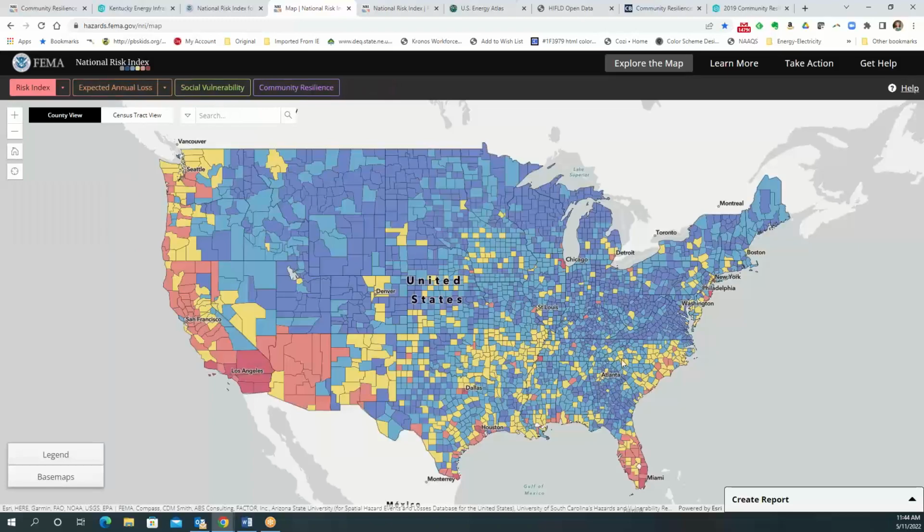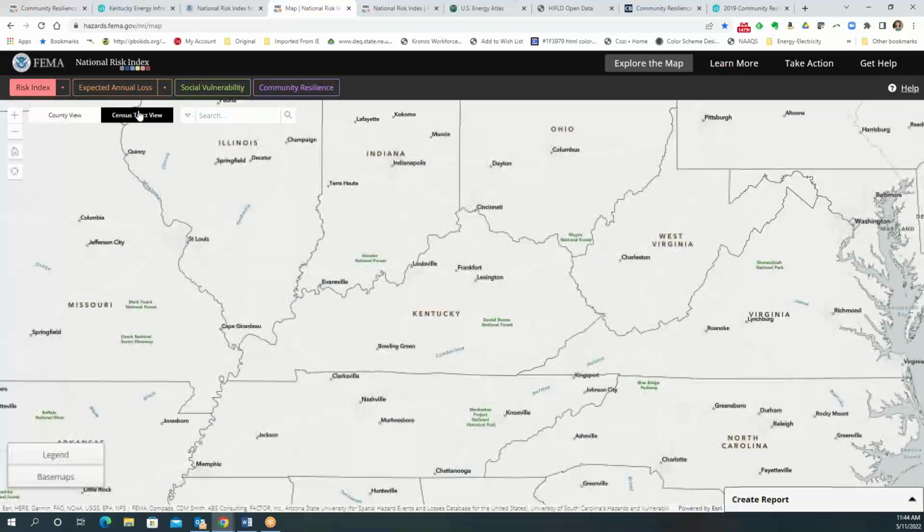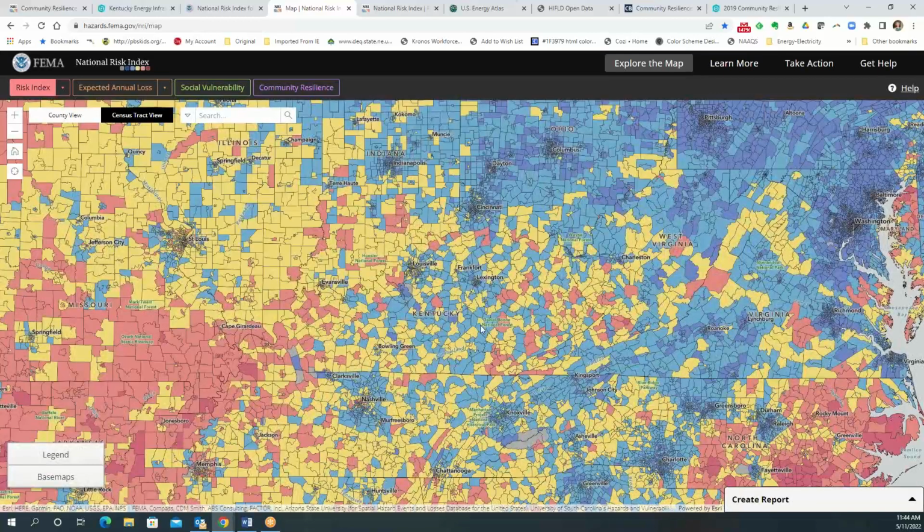So if I'm looking at all hazards and I zoom into Kentucky and I look at the census tract level, I really can see at a census tract level where, when I'm looking across all hazards, I have that increased annualized frequency of those natural hazard risks.